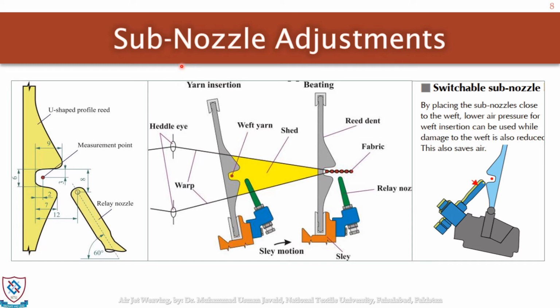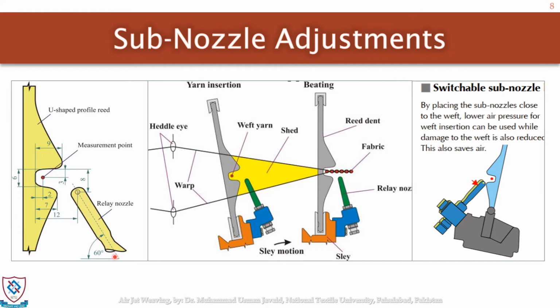If we talk about the sub-nozzle adjustment, there are actually two types of adjustment we need to confirm on the machine. In this figure, one is the horizontal distance of the sub-nozzle, the relay nozzle, from the reed, and the other is the vertical distance from the top edge of the U-shaped reed.